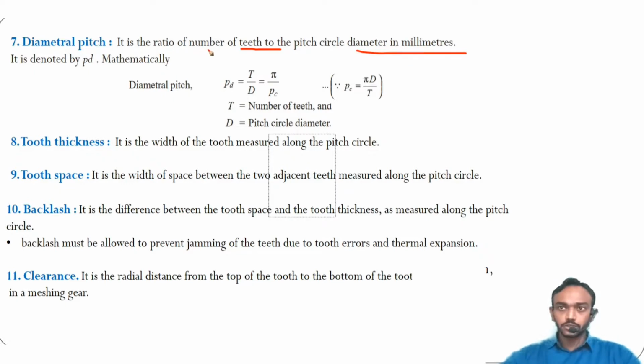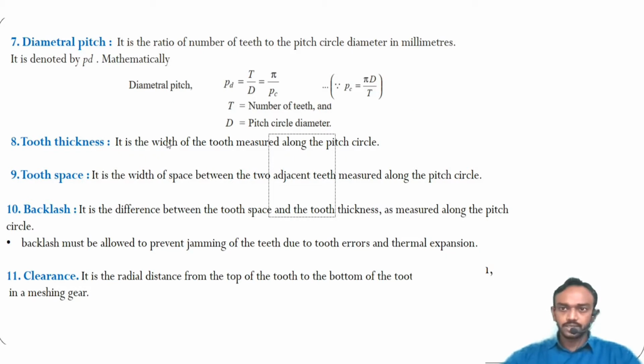It is also 1 by m, since the module is d by t. You can say that the module is equal to 1 upon the diametral pitch, so both are inverses.